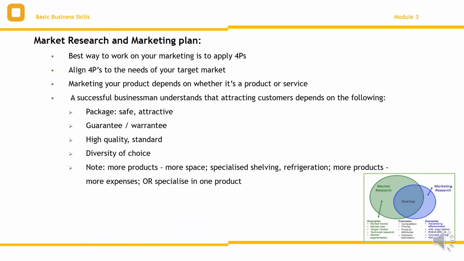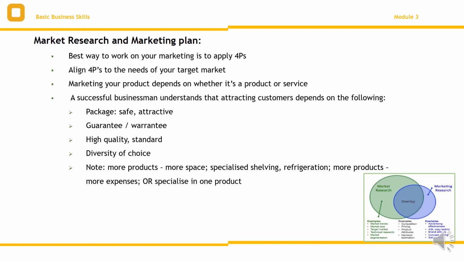And finally, remember that when you have more products, you're going to require more space, and that's a cost on the business. Remember that if you've got more products, those products may require what we call specialized shelving, or if you are producing a certain type of product or service, if it's a perishable product or service, it may require refrigeration.